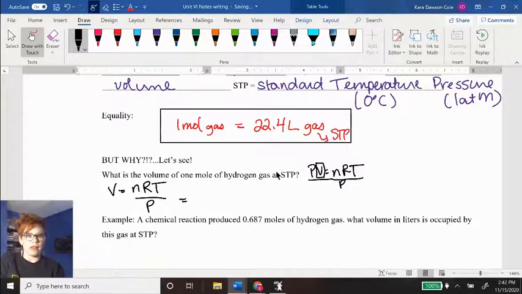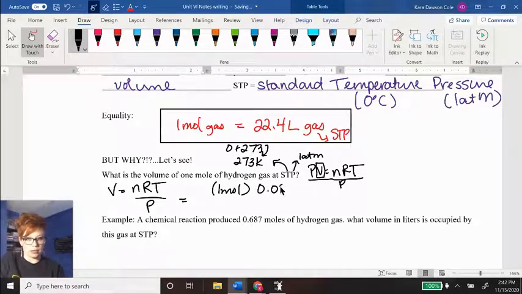Well, if I'm at standard temperature, I'm at 273 Kelvin. And if I'm at standard pressure, I'm at 1 atmosphere. So the reason it's 273 is 0 plus 273 is equal to 273 Kelvin. So if I've got 1 mole times my R value, which is 0.0821, this is atmospheres times liters, all over mole times Kelvin.